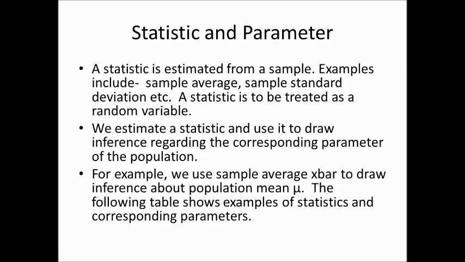And we use it to make inference. We'll explain what we mean by that in a later module. We make inference about the corresponding parameter, which is mu. The following table shows some examples of statistics and corresponding parameters.